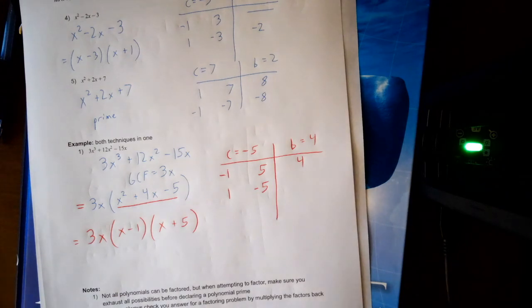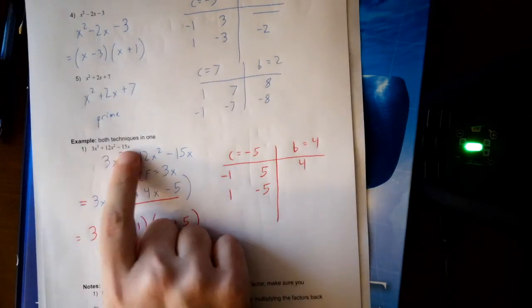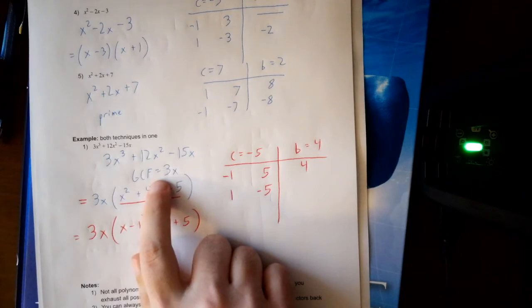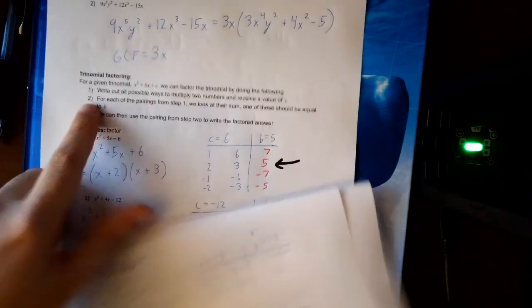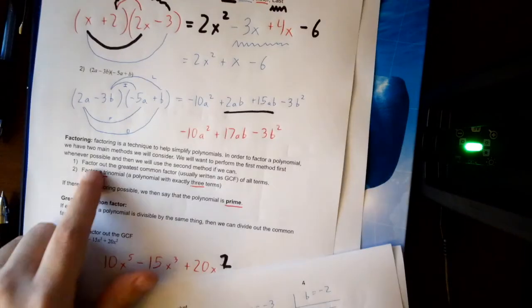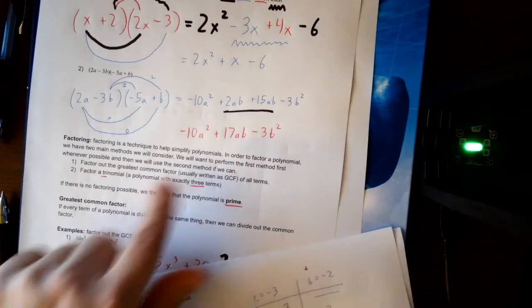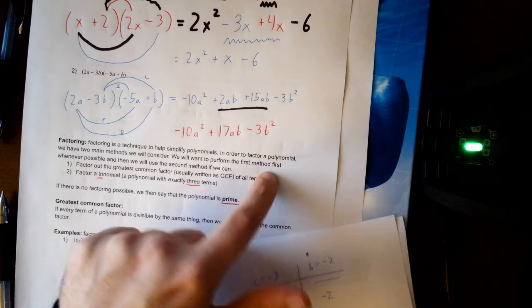You factor out a GCF, and then you factor the trinomial. Always go in that order. If there is a GCF between your terms, always do that first. That's what the instructions said, right? That was our technique. Factor out the GCF. We'll want to perform the first method first, right?